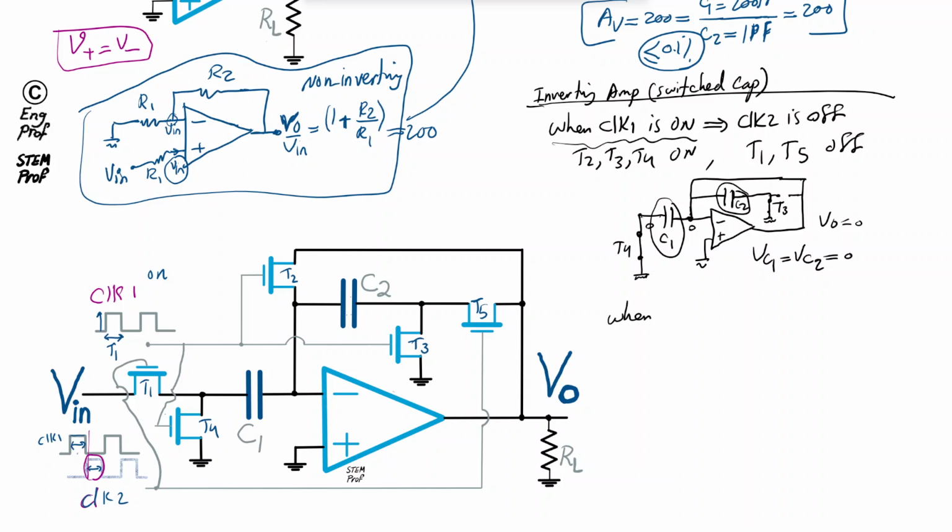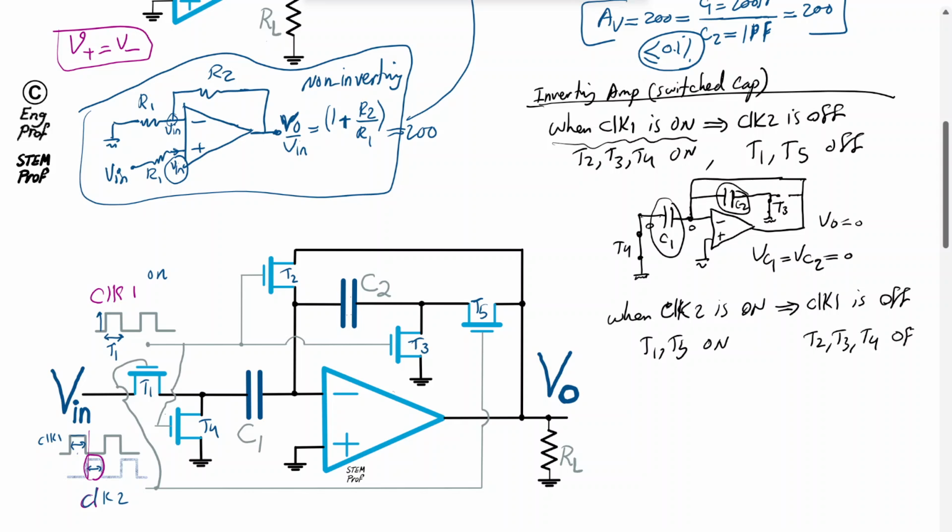Now, when clock 2 is on, which means clock 1 is off, then T1 and T5 are on, and naturally T2, T3, T4 are off.